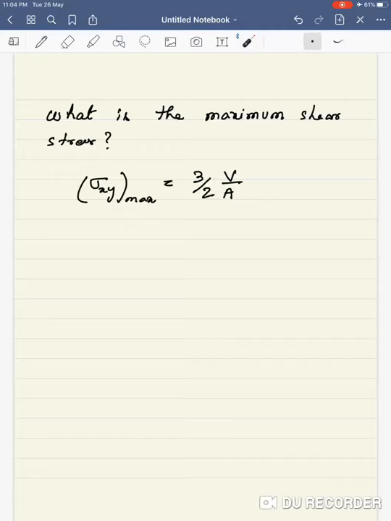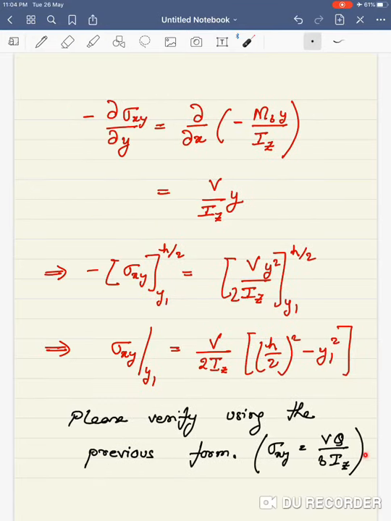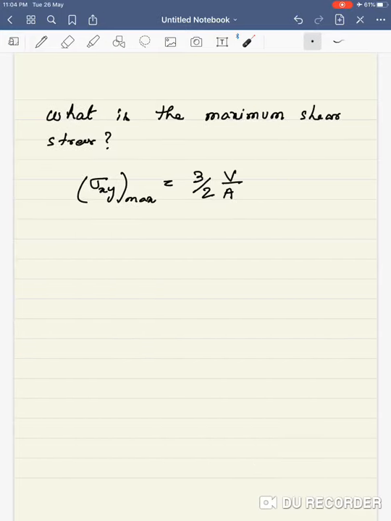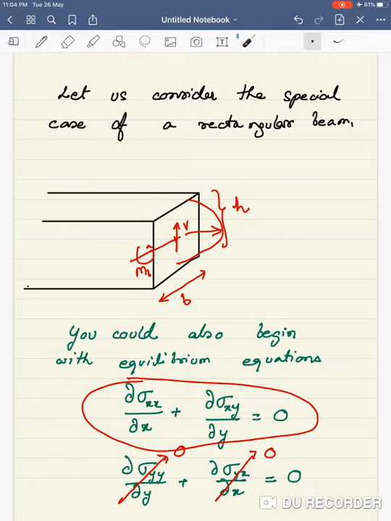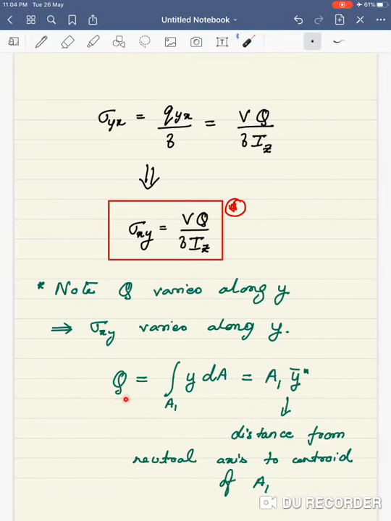And I would strongly suggest that you try out these computations in multiple ways. So when you're doing it, you can use this particular formula. You can try to figure out why this is the correct formula using this integration. Try to find out using this method. Also try to see if you can simply use this form right here to guess.